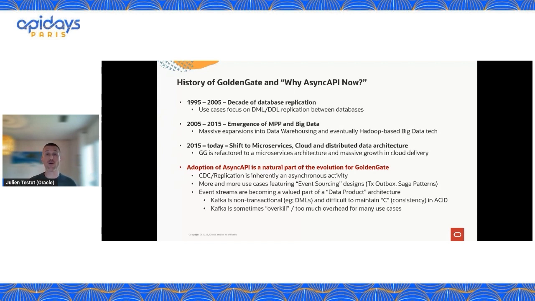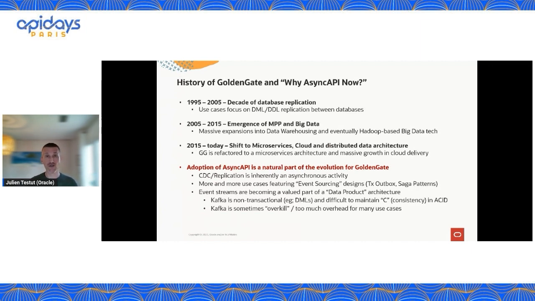What we're seeing as well with our customers is a shift towards more event sourcing type patterns, and using GoldenGate for microservices patterns like the transaction Outbox, CQRS, Saga patterns, and others. And what we're seeing too with our customers is that the data event streams, or database event streams, as we'll talk about today, are becoming a very important part of what is called data products in general.